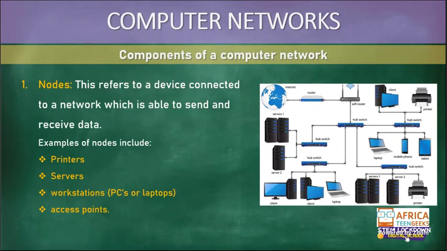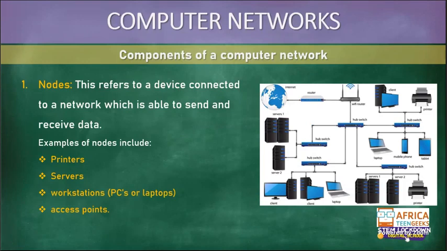Nodes. What are nodes? When we described what a network is, we spoke of computing devices. Now, when we refer to nodes, we are referring to the same thing. So nodes refer to the devices that are connected in the network, which are able to send and receive data.